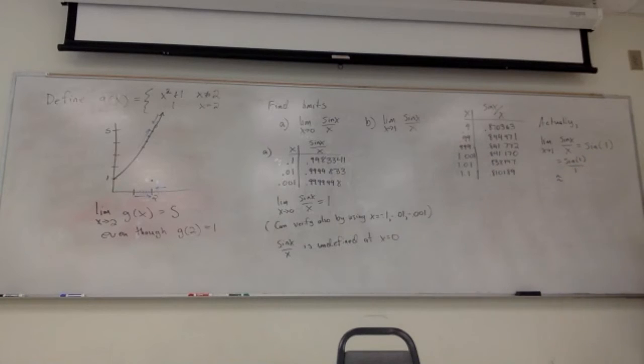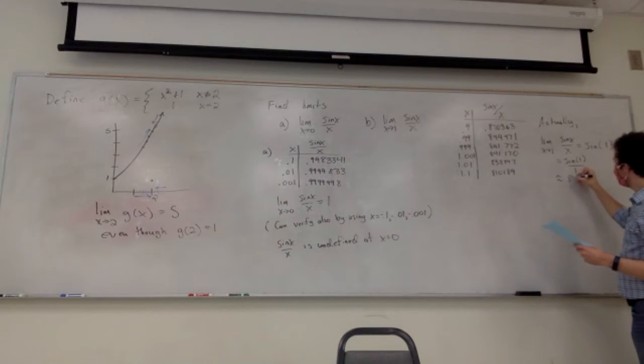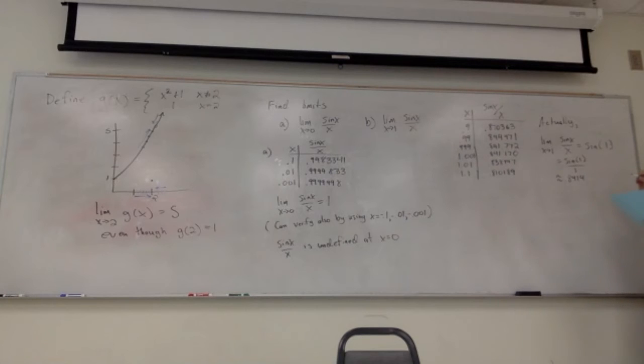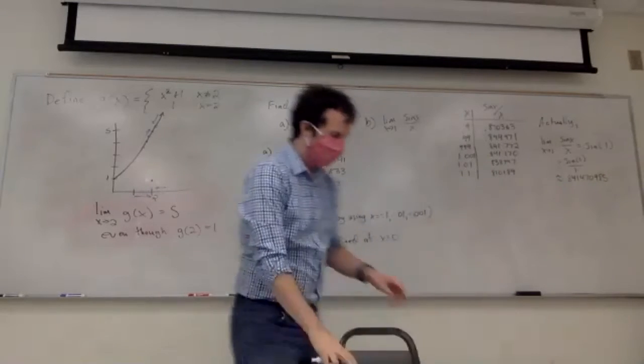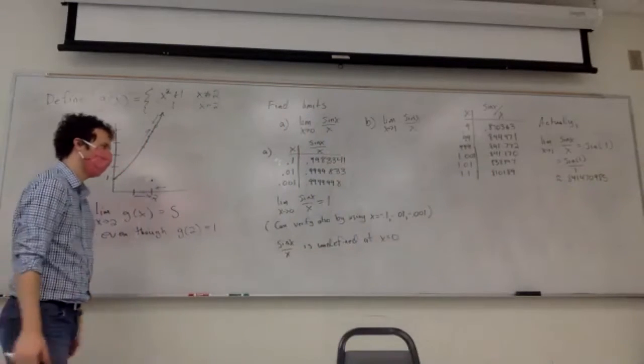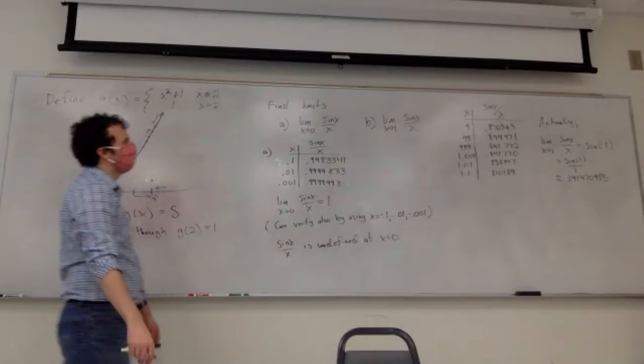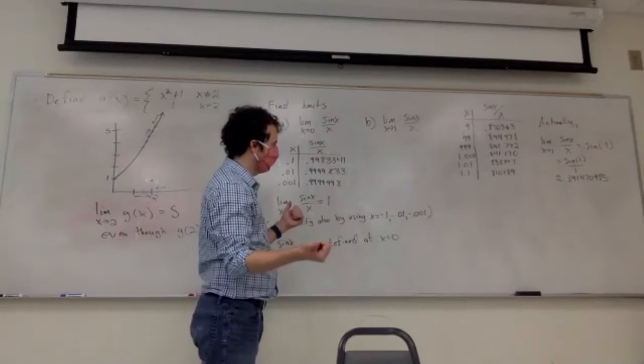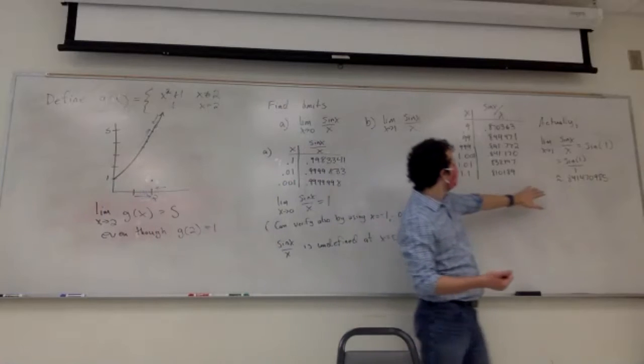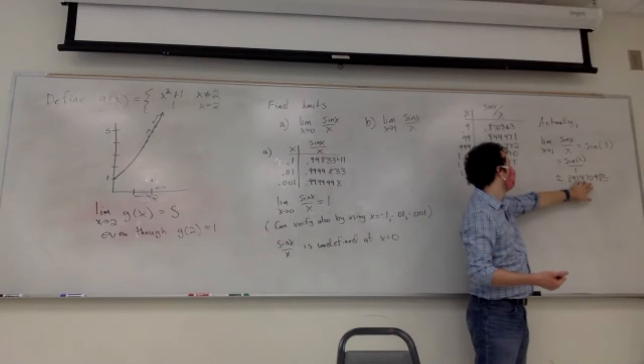And as a decimal, if you put sine of 1 in your calculator, this is 0.841470985. So on one hand, this is not something we would have guessed from the table.